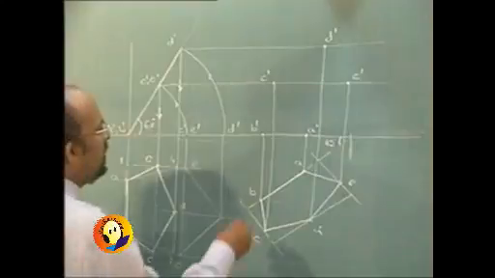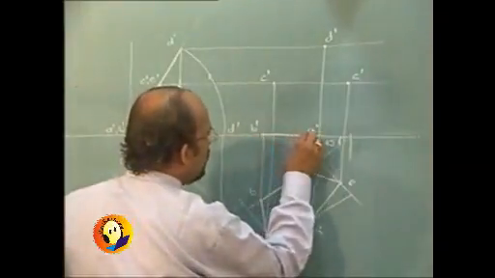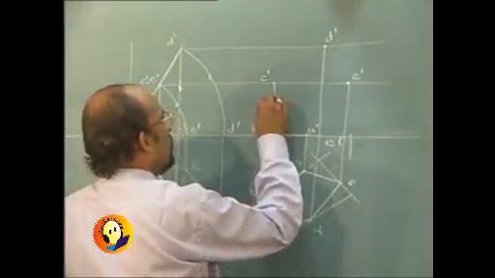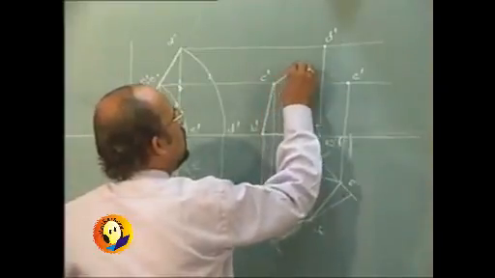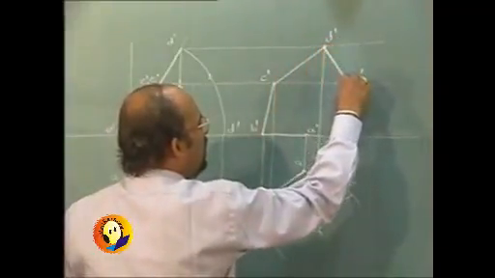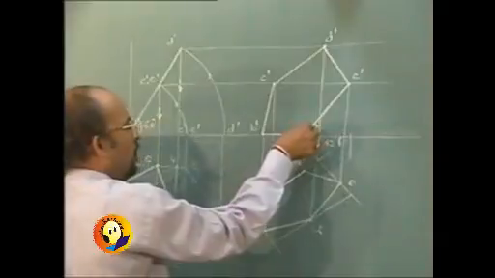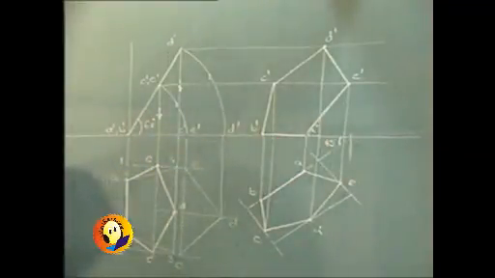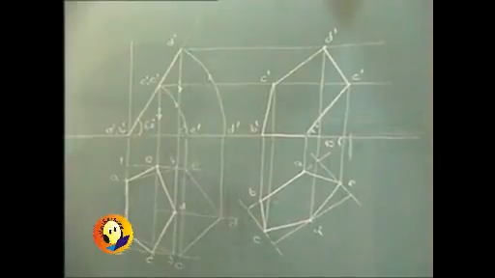And if we join these 5 points in the same sequence, AB, BC, CD, DE and EA, we get the final projection of that particular pentagonal lamina.